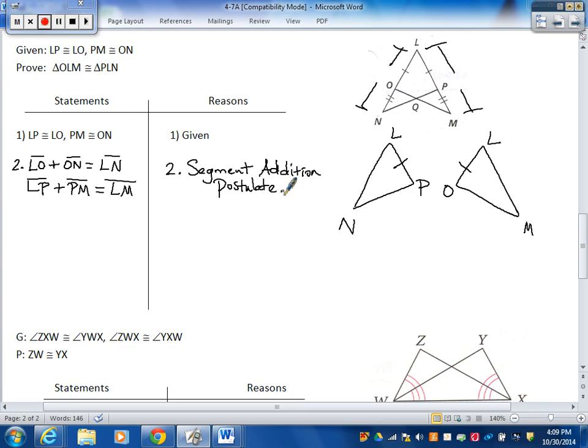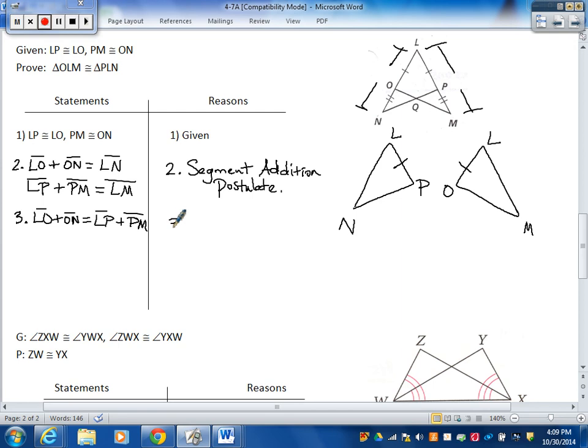Now, you also know from chapter 2 that if I take LO, well, from the given, we're told that's equal to LP. Okay, so this equation is still equal. But if I add in ON with PM, again, the equation is still equal because I've added the same thing to both sides of the equation.